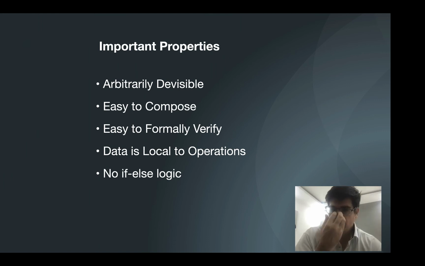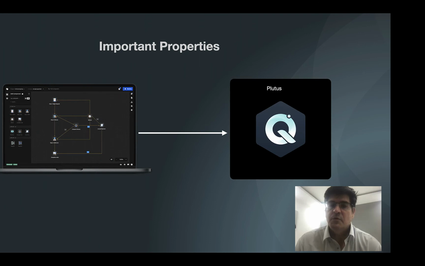So what is this project about? This project is about building a small adapter on Plutus that will let us use pebbling in order to determine the logic that runs on Plutus. So what does that mean? That means basically any of these applications that we design on QModeler that we see on the left, we can have a drop down and deploy them to Plutus.